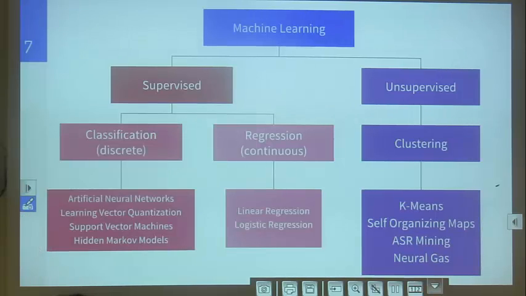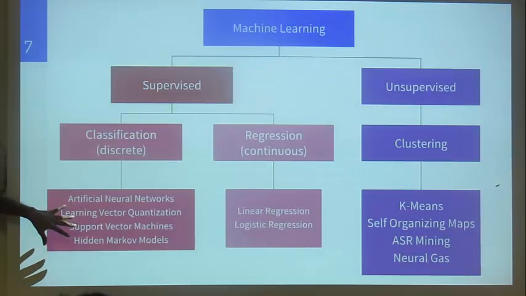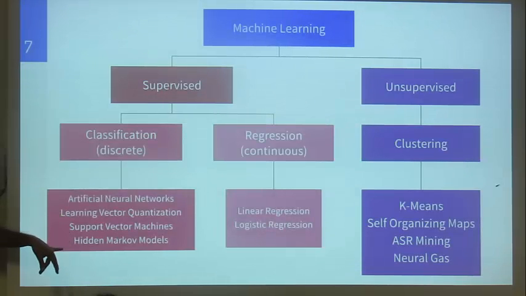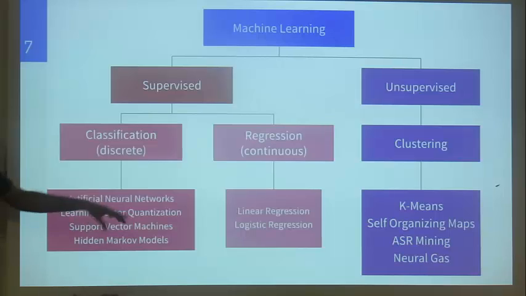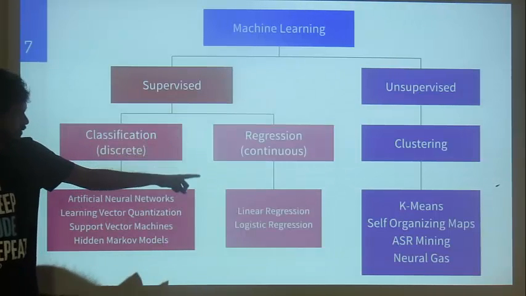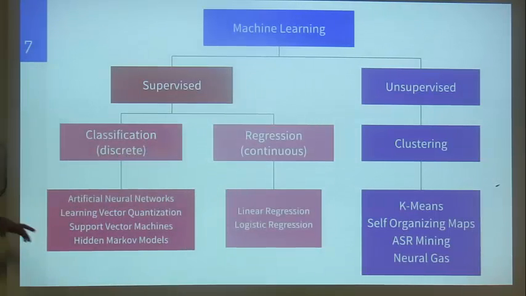Just forget about the names. Don't forget, just keep in mind that these kinds of models are there. So whenever you need a machine learning model for your project, you can search these out and see if these models suit your project better, right? And in regression, we have linear and logistic regression.